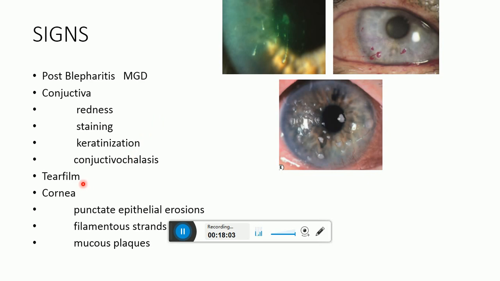Tear film. In the normal eye, as the tear film breaks down, the mucin layer becomes contaminated with lipid but is washed away.